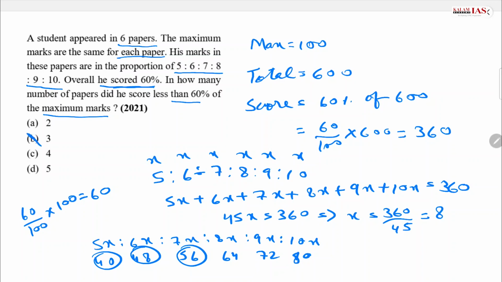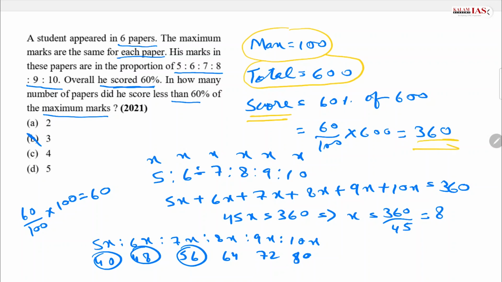I hope it is clear. It's quite simple. We have to just make one simple assumption that the maximum marks are 100, and for 6 papers the total will be 600, and then the total score scored by the student is 60% of 600, that is 360.